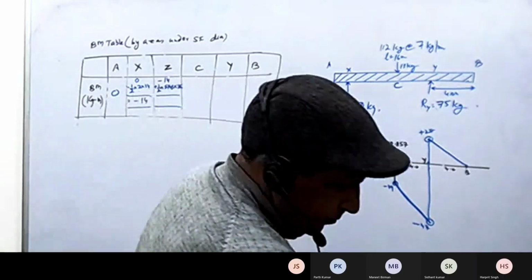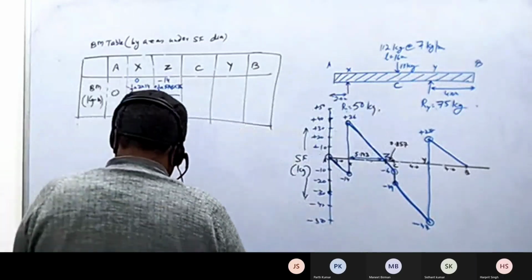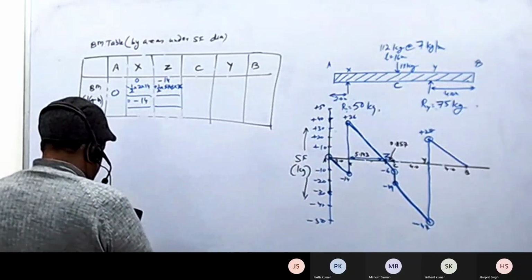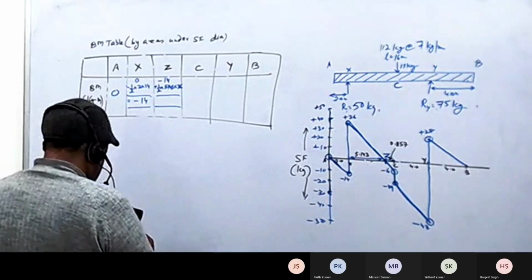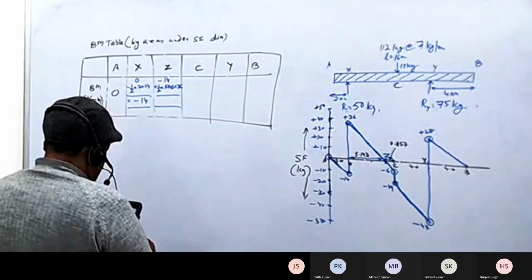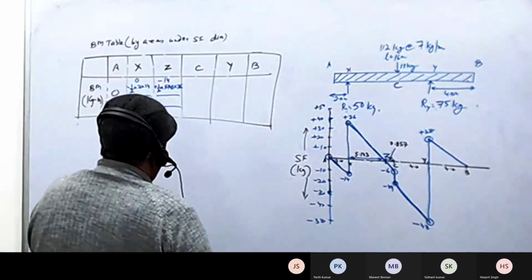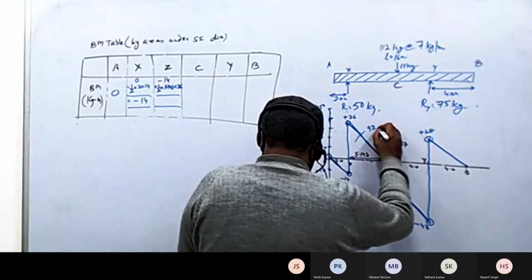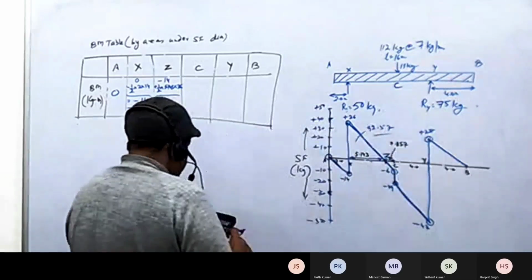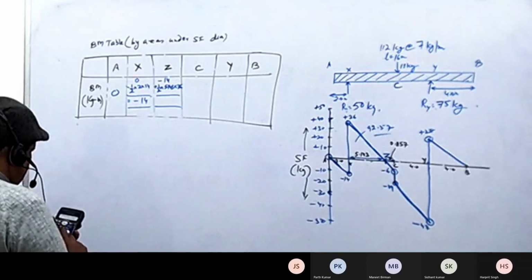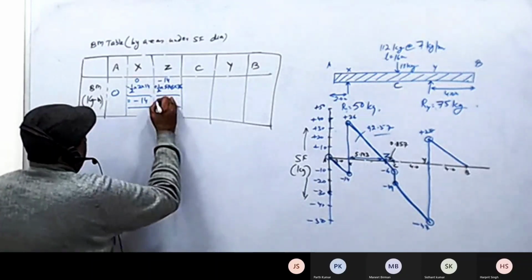That will give me 5.143 into 32, so मैं इसको भी लिख लेता हूँ, मुझे बाद में ड्राइंग के लिए अगर चाहिए हो तो 92.57. Anyway, 78.574.